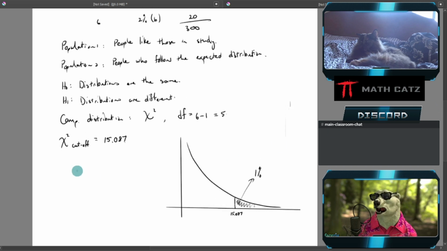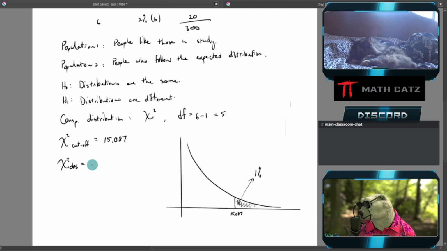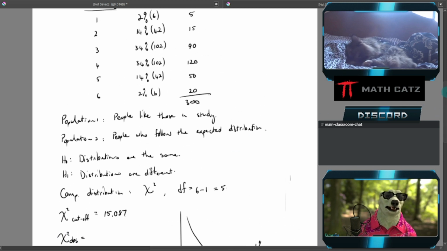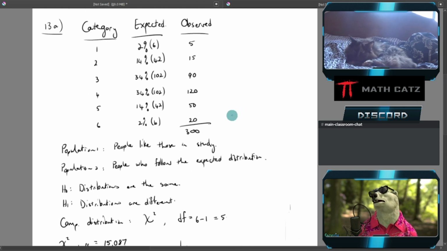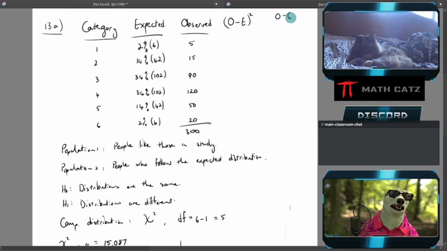So now we have to calculate our observed chi-squared statistic from the information. So that is where we're going to have our observed minus expected. And then you can totally do this in one column. I'm not sure why I'm doing two, but hey, that's what I'm doing.